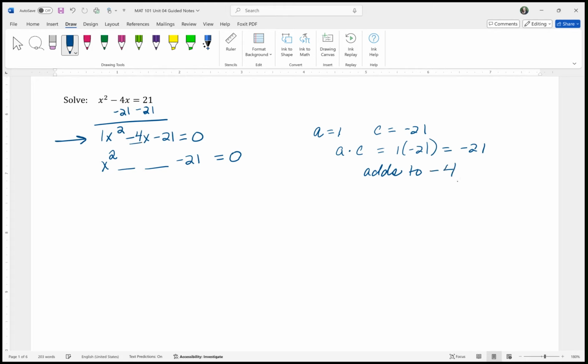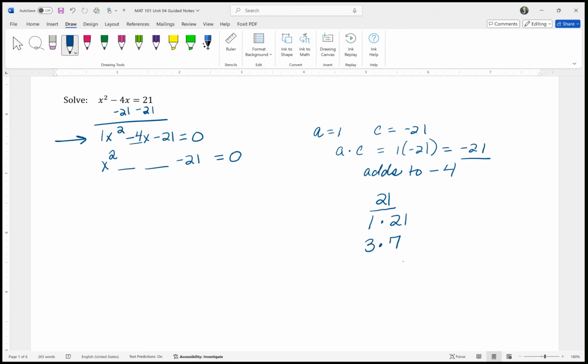Okay, so how do we figure this out? We're going to first take our 21. Forget the sign for a minute. We'll come back to that. Let's list all of our factors of 21. So 21 is 1 and 21. 2 doesn't go into 21. 3 goes into 21 7 times. 4, 5, 6. Now we're back at 7.